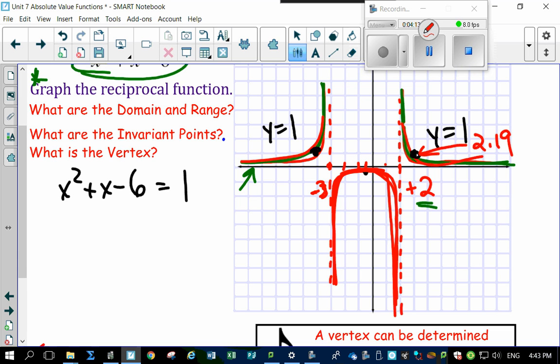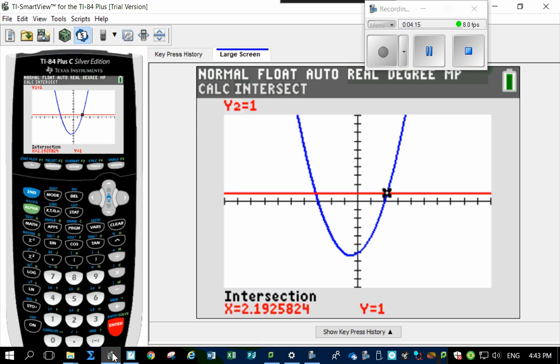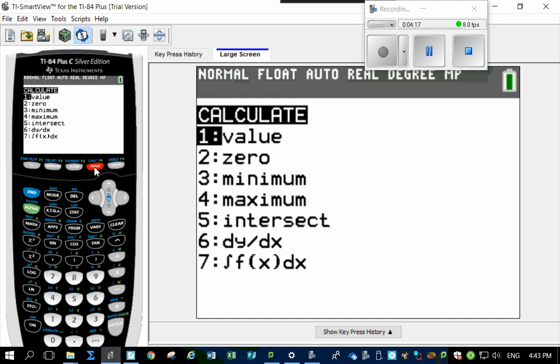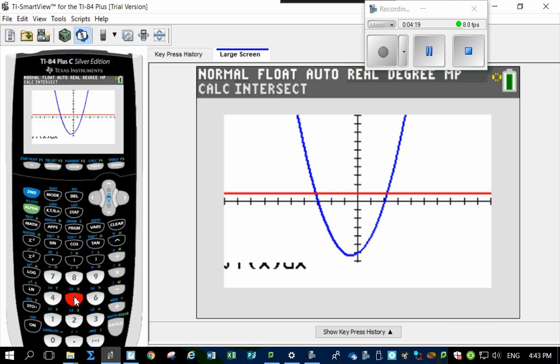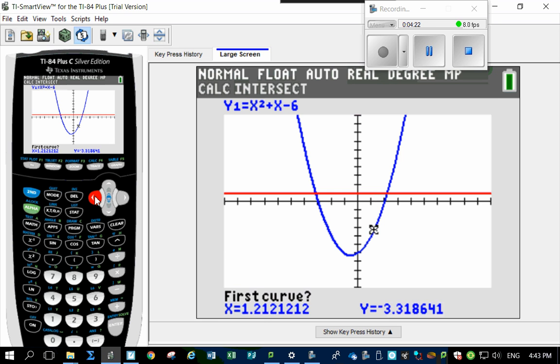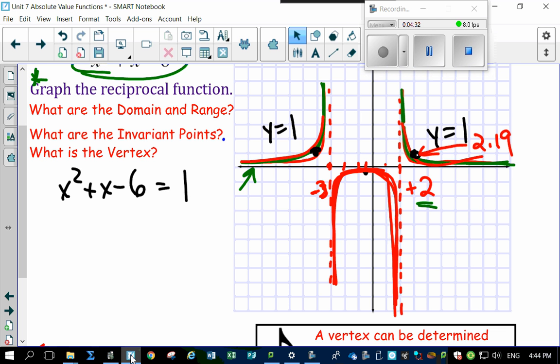I'm going to find the other invariant point by hitting second calc again, intersect 5, and I'm going to have to mouse it all the way over here, right there, enter, enter, enter, and find that this is at -3.2. That's this invariant point right here. Perfect. Okay, we're good.